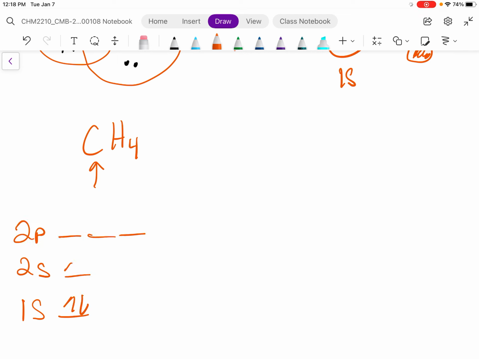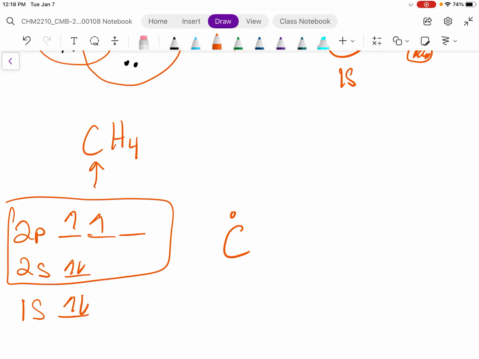And there's 2 electrons, 3, 4, 5, and 6. So that's the ground state configuration of carbon. And those are the valence electrons right there: we have 2 electrons that are paired, and we have 1 electron unpaired and another unpaired.